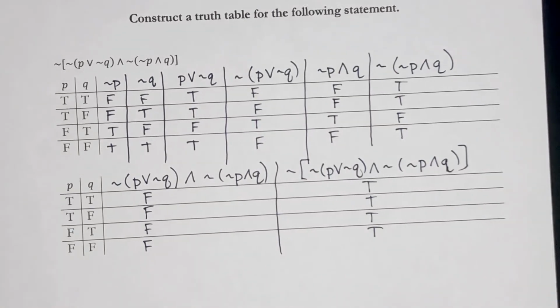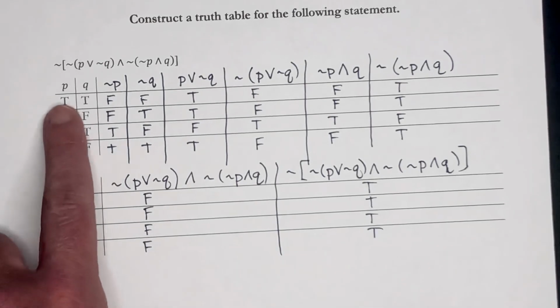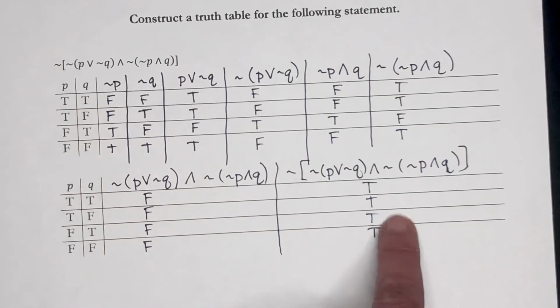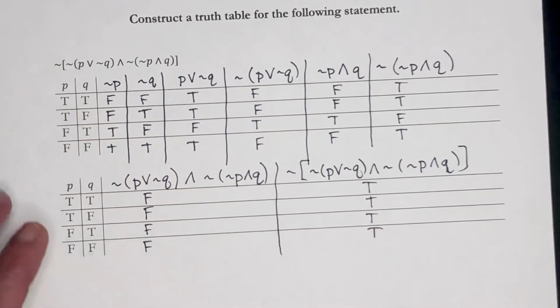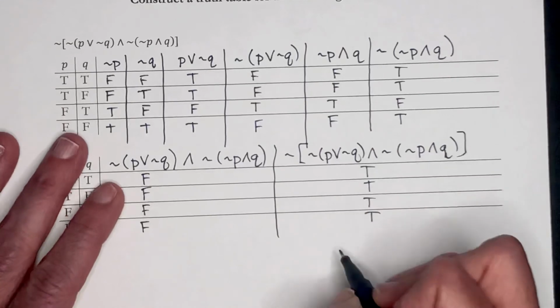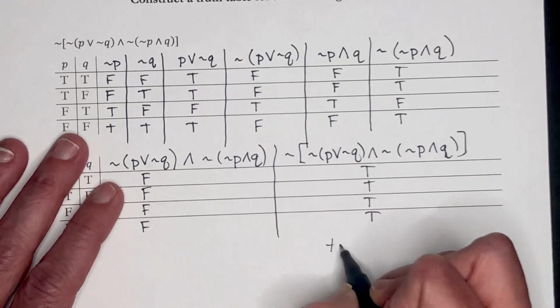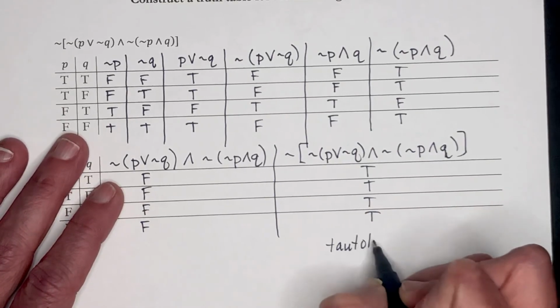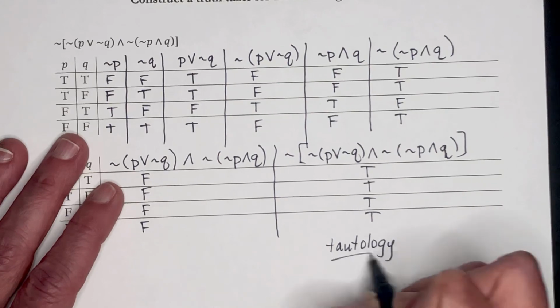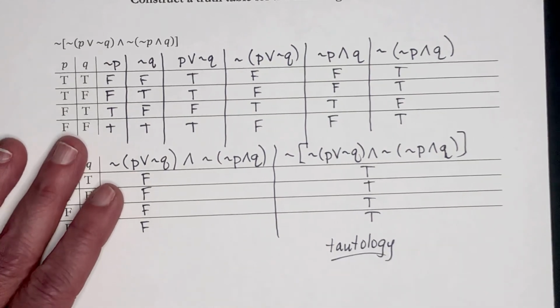Okay. We do have a special name for when we get true all the way down our last column, meaning that it does not matter what our truth values are, this statement is always going to be true. And when they're all true, this is called a tautology. This becomes more important in the next section.